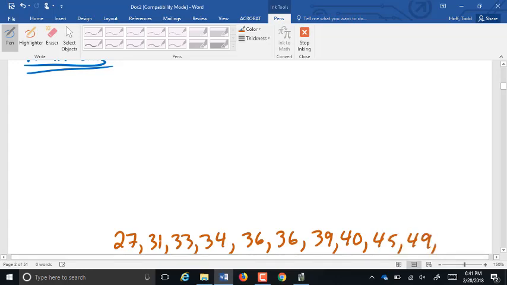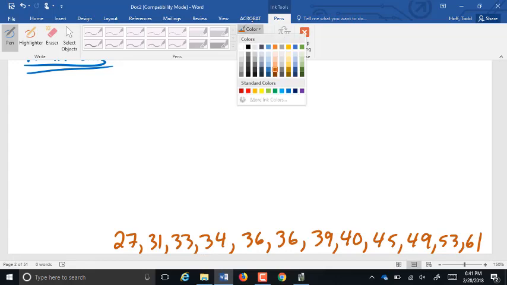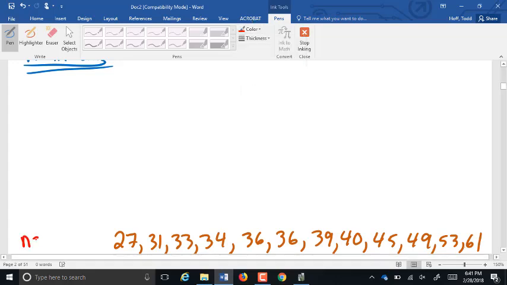What do I have there? 1, 2, 3, 4, 5. We'll go 53 and 61. Those are my values. First thing I'm going to look at there is n equals what? 12. There are 12 items in that list.